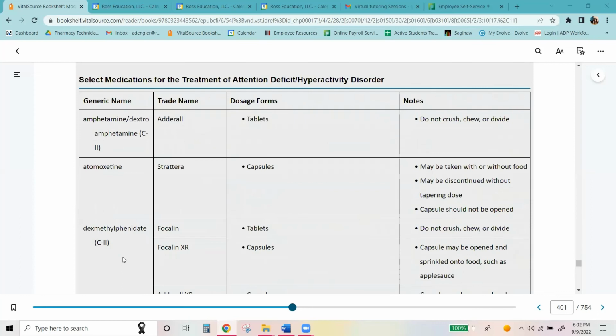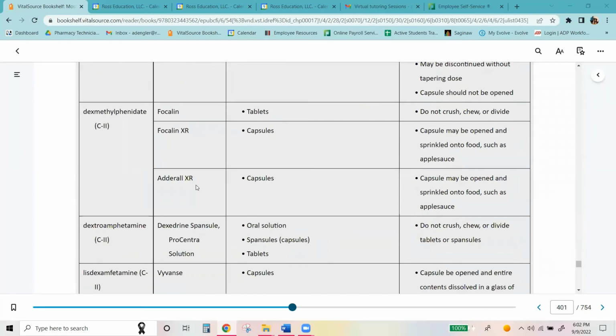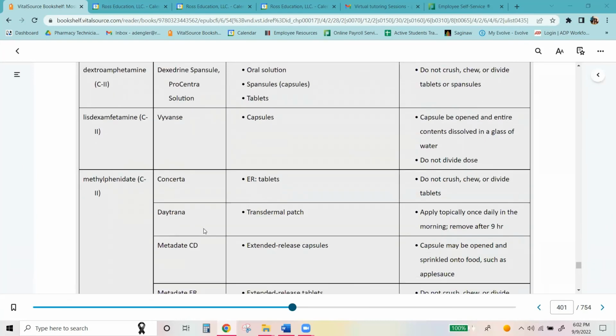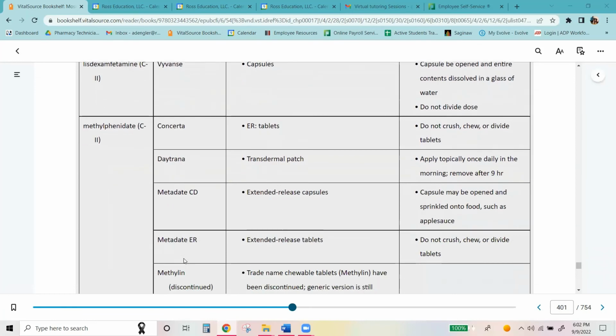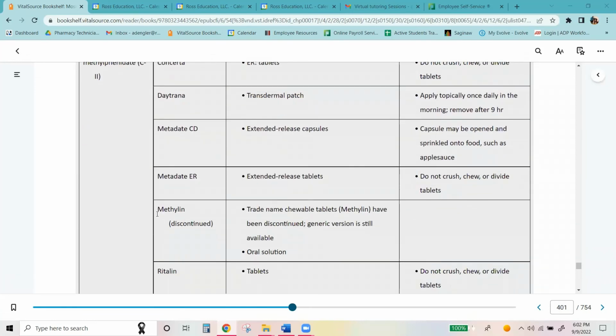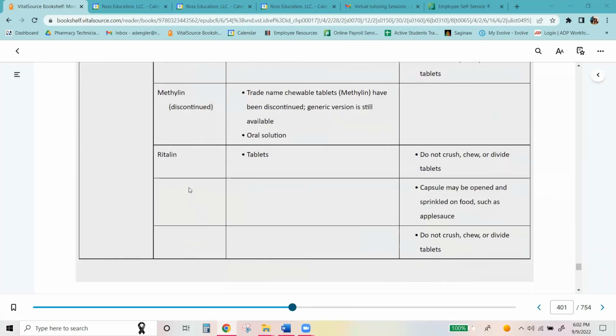Most of these here are controlled substances and they're C2, so the highest controlled medications. Adderall, Focalin, Focalin XR, Adderall XR, Dexedrine, Vyvanse, Concerta, Daytrana, Metadate, Metadate ER, Methylin, which has been discontinued, and Ritalin.